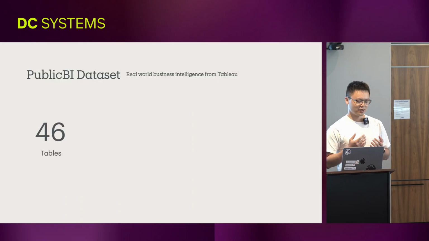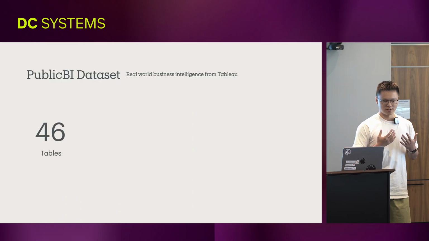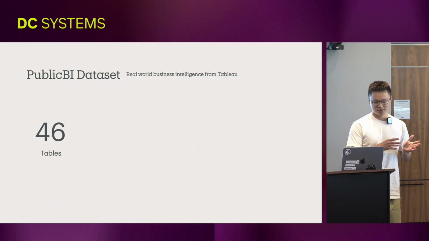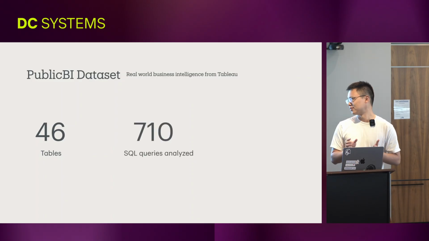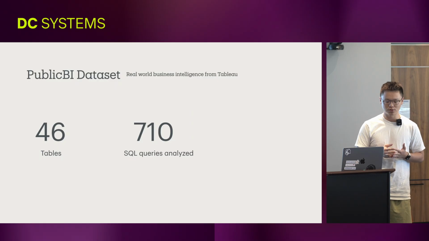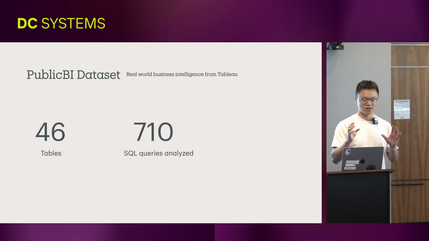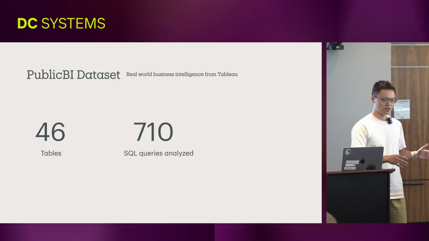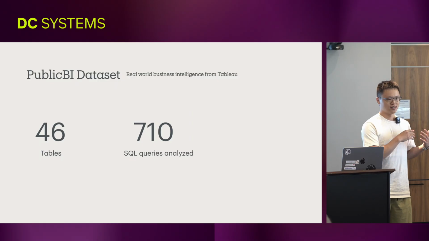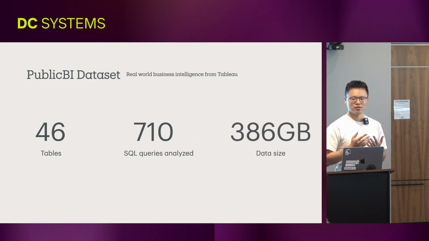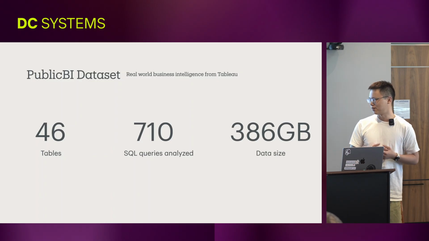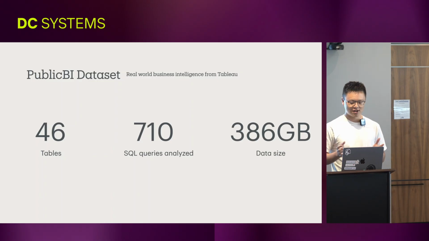We analyzed the 46 largest datasets in the Tableau dataset, which consist of more than 700 SQL queries. So we study not only how data is stored, but also how data is read in SQL queries. The total dataset is 386 gigabytes uncompressed, so it's pretty large.